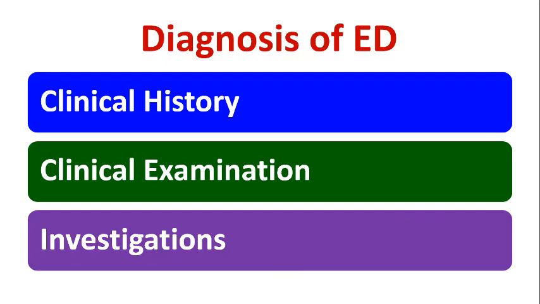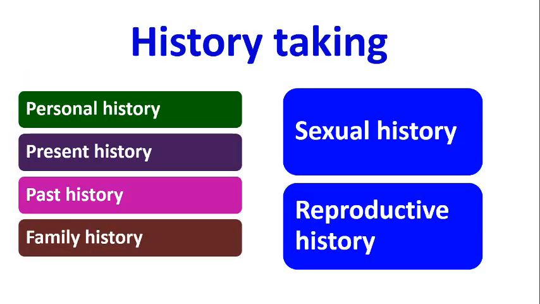Like any medical disease, diagnosis of erectile dysfunction depends on the clinical history, clinical examination, and investigations. Clinical history, like any general medical disease, is composed of the personal history, present history, past history, and family history.